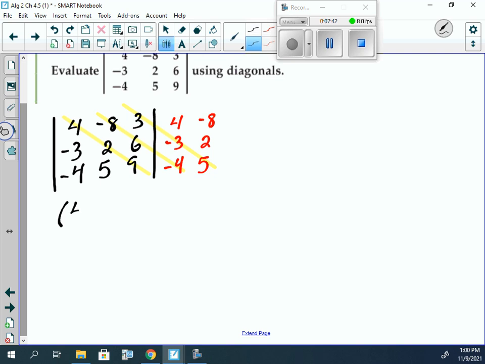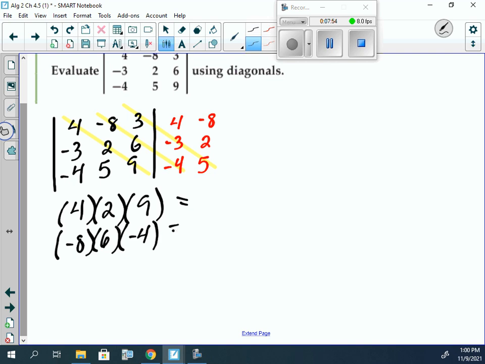So we have 4 times 2 times 9. The next one would be negative 8 times 6 times negative 4. And the last one would be 3 times negative 3 times 5. Because these are just our diagonals going from the left to the right.